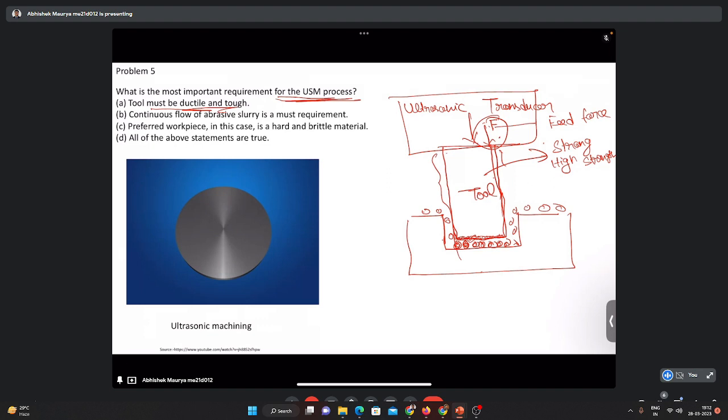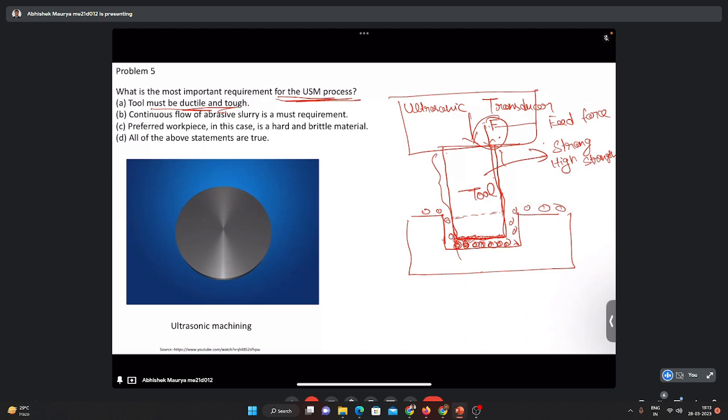If the tool were very hard, then gradual wear would take place, and as time passes, the size of the tool would keep on decreasing. So if the tool is harder, then gradually the tool itself gets machined. Since the tool is a ductile material, only local plastic deformation is happening, but machining of the tool is not happening.